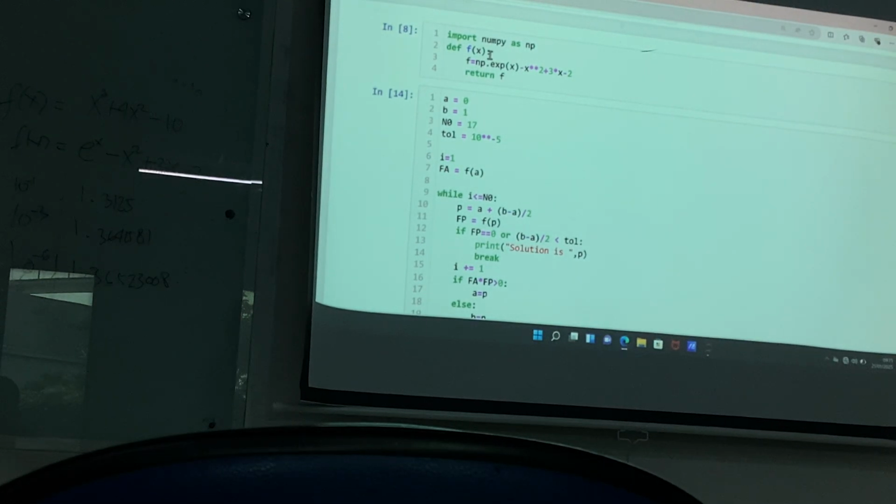Python is case sensitive. Big P and small p are different.